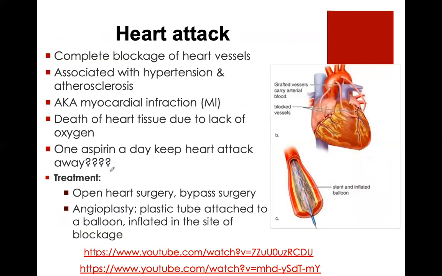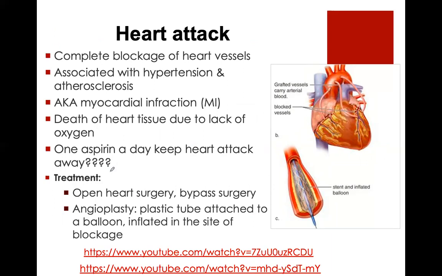So if somebody has atrial sclerosis or hypertension, again, they will be more susceptible to a heart attack. So what is a heart attack again? It is when the blood vessels that are supplying your heart itself, what we identify as coronary arteries, are partially blocked or fully blocked. So what does that mean?